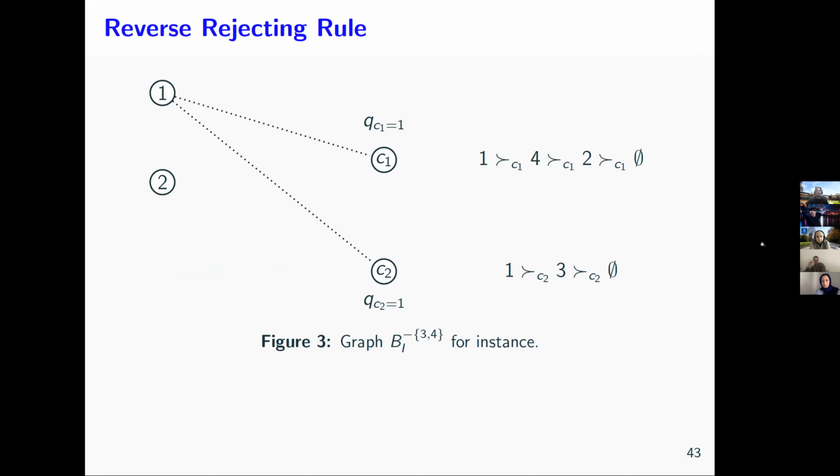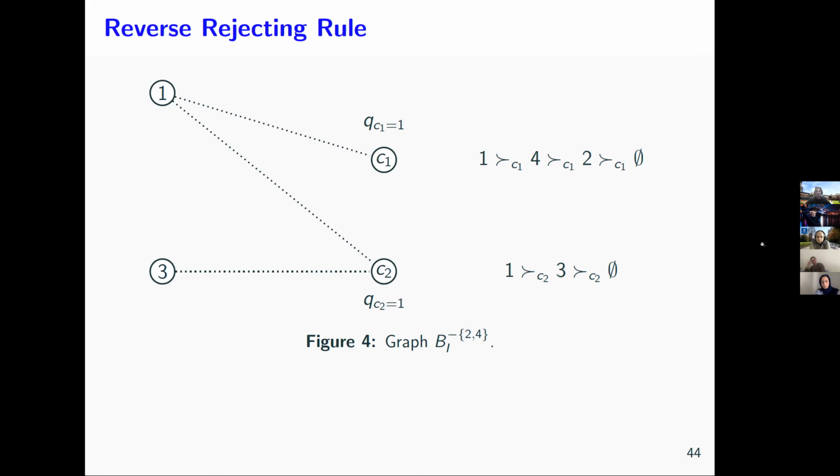We try to remove agent 3, but it turns out that the moment we remove agent 3, we cannot get this maximum size matching property anymore. For that reason, we reinsert agent 3 and try to delete agent 2. And agent 2 can be removed because if you remove agent 2, you can still get a maximum size matching.